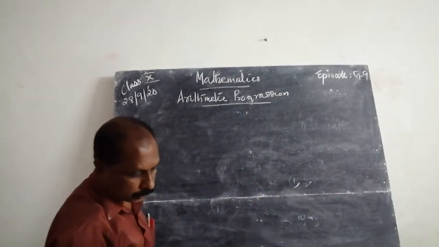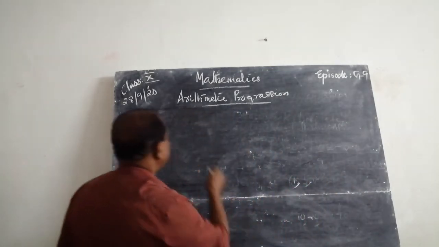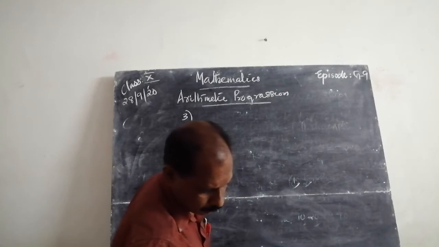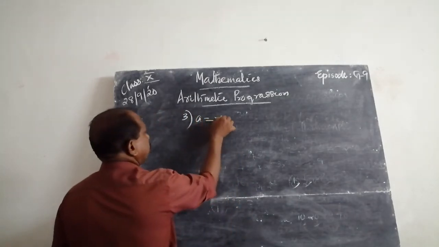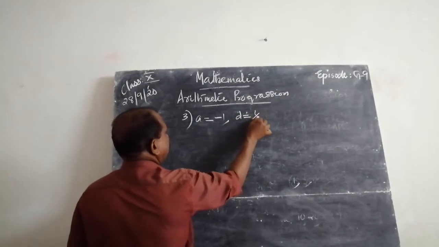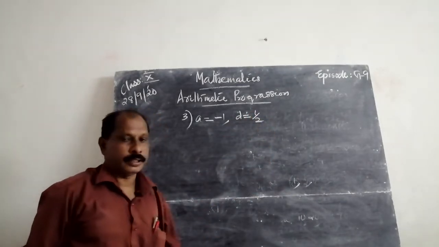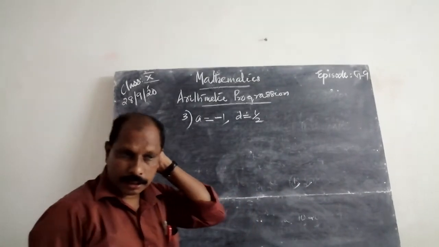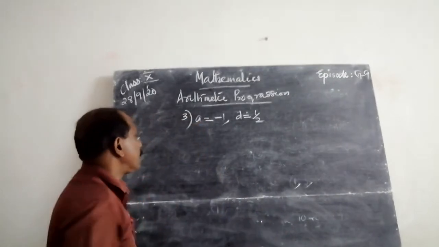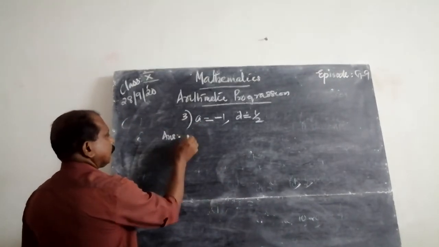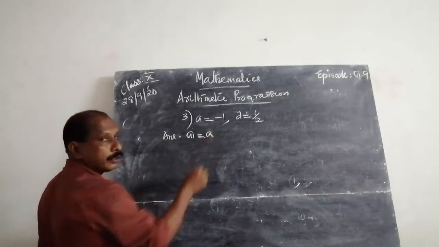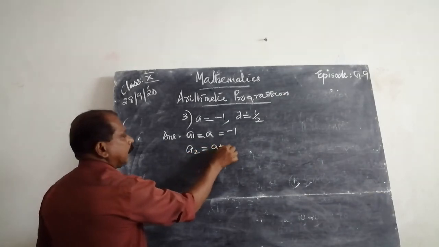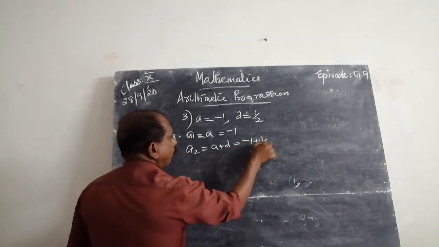Then third question, that is question number 3. A is equal to minus 1, d is equal to half. d is positive, therefore it is an increasing AP, but d is a fraction. That is not a natural number, that is not an integer. Therefore, answer is what? A1 is equal to A is equal to minus 1. A2 is equal to A plus d is equal to minus 1 plus 1 by 2.